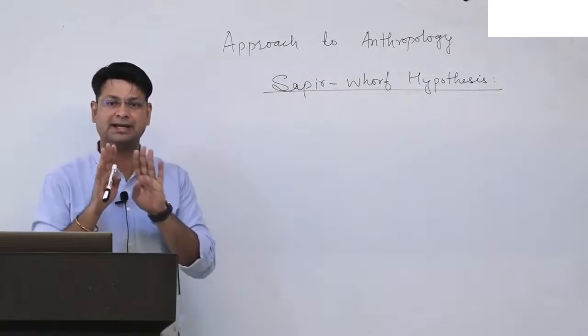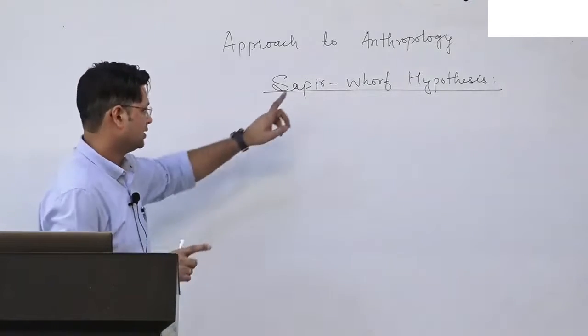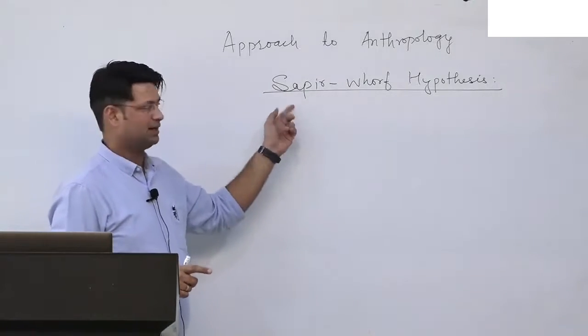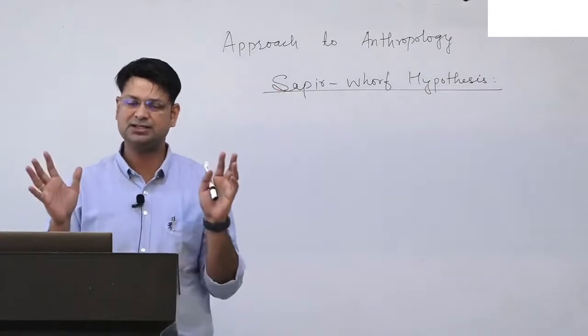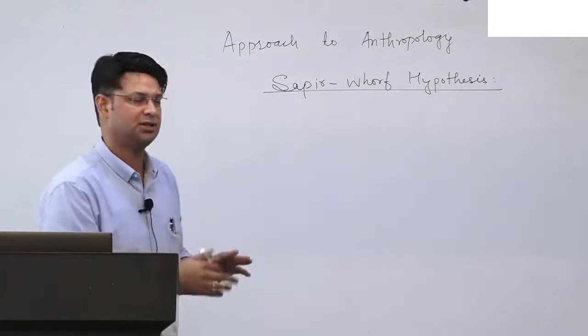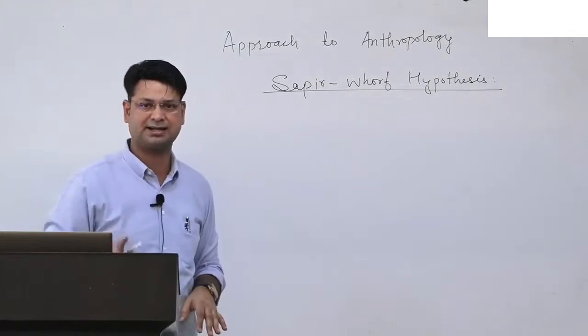Both were working independently, although Whorf was the student of Sapir, but they never gave any hypothesis combinedly, right? We just try to club this hypothesis using their ideas, their writings.